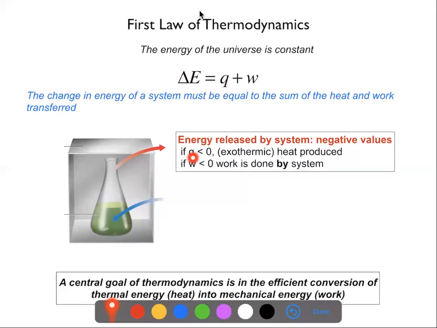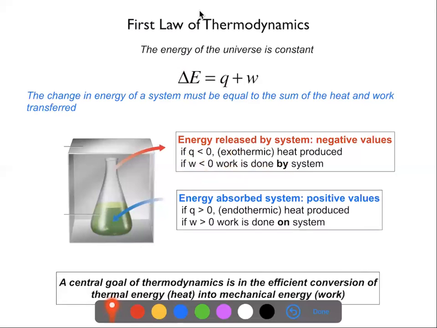So when Q is less than 0, we say it's exothermic. If work is less than 0, we say work is done by the system. If these values are positive, so if Q is greater than 0, it's endothermic and the reaction is absorbing heat. And if work is greater than 0, then work is done on the system.